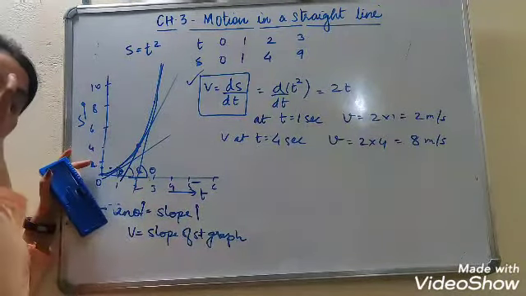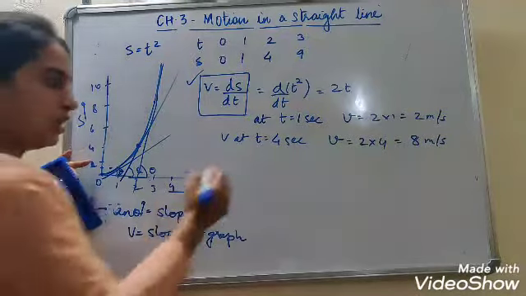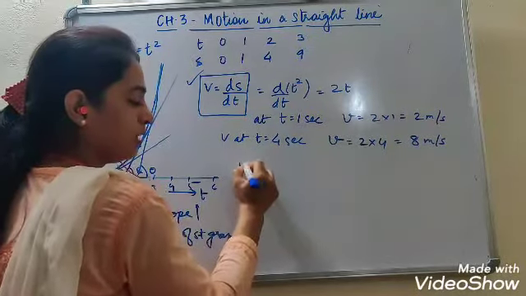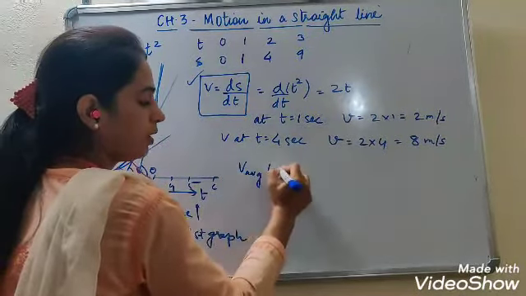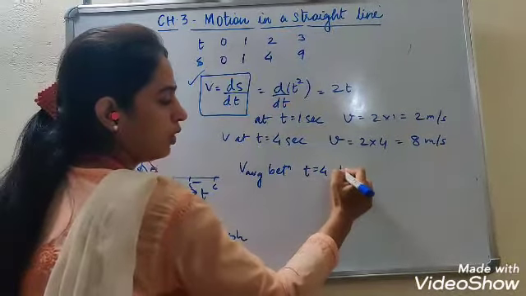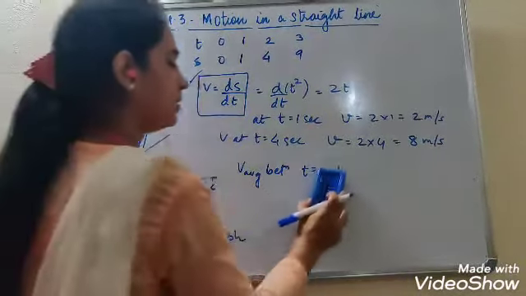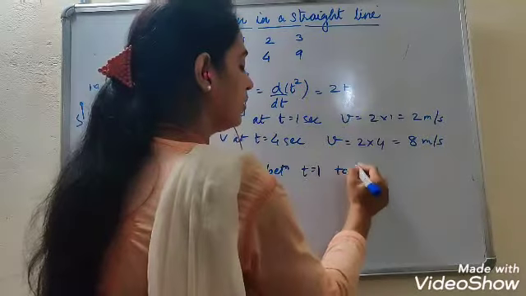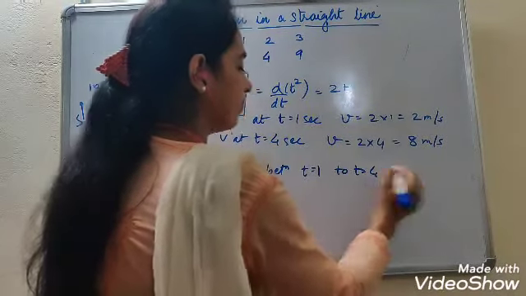So you are getting the instantaneous velocity by using ds by dt. What if I ask you to find average velocity between t equals 1 to t equals 4 seconds? Okay.